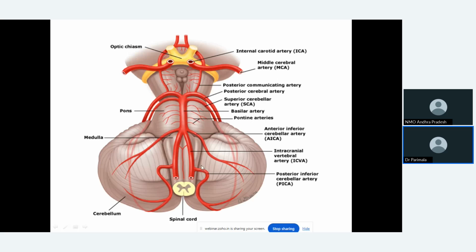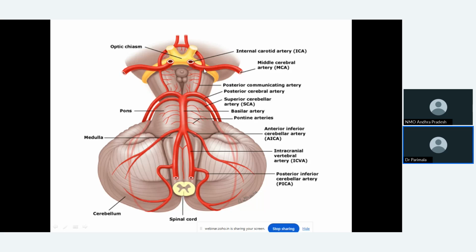So these are the 2 vertebral arteries, which unite to form the basilar artery, and this basilar artery divides into 2 posterior cerebral arteries. The internal carotid artery gives rise to the middle cerebral artery going towards the superolateral surface of the brain like this, and anterior cerebral arteries like this. So middle cerebral and anterior cerebral are branches of internal carotid artery.